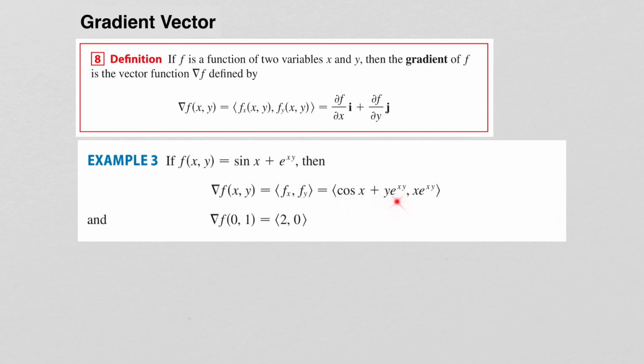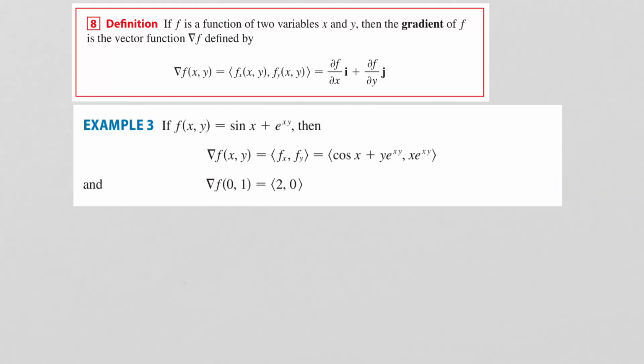So the gradient vector in general is this vector function, and the gradient vector at a particular value for x and y is this vector. Why do we bring up the gradient vector? Well, it has a couple of uses, but one of the uses is that we can use it to easily define the directional derivative.